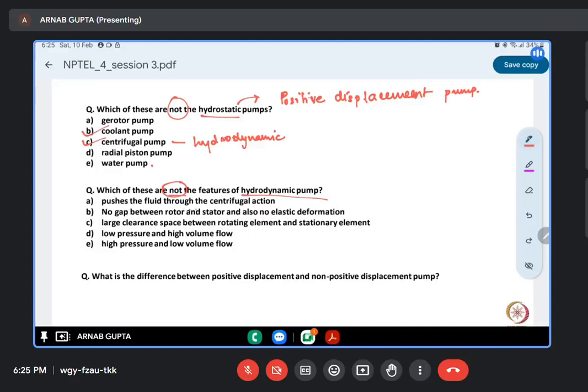It pushes the fluid through centrifugal action. Yes, it is one of the key features of hydrodynamic pump. No gap between rotor and stator and no elastic deformation. This is not correct, because in a hydrodynamic pump there has to be sufficient gap between the rotor part and the stator part, that is the pump housing and the impeller.